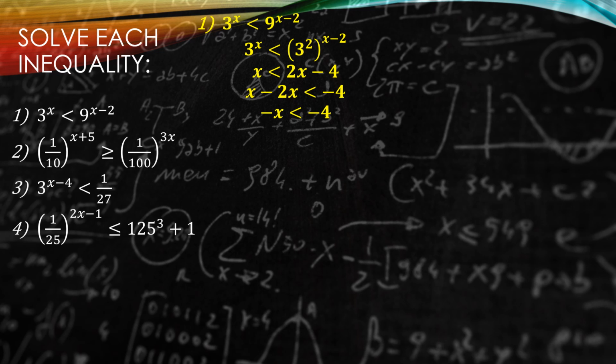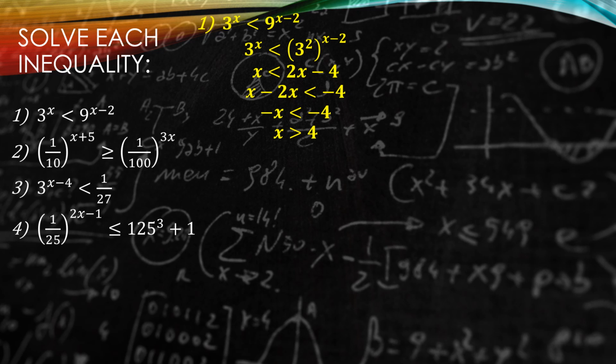So, dito, para x na lang matira, let's divide both sides by negative 1. So, since nag-divide tayo ng negative number, mag-flip ang sign, etong less than, magiging greater than na siya. So, magiging x is greater than 4. Okay? So, tandaan, mag-flip ang kanyang inequality sign if mag-divide or mag-multiply tayo ng negative number.